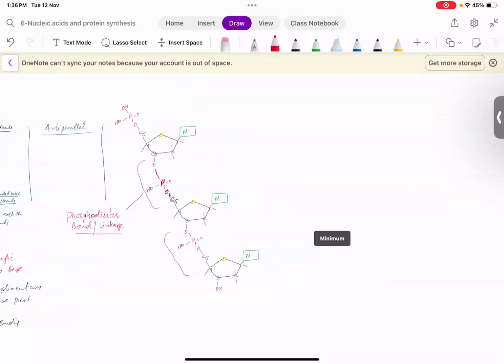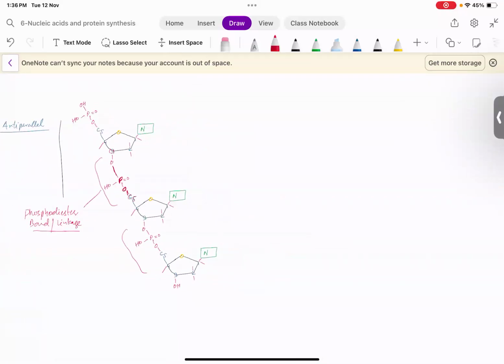Okay, so this long chain can be represented as this is sugar, this is phosphate group, this is sugar, this is phosphate group, this is sugar, this is phosphate group, and this is sugar, and this is phosphate group, and this will have a nitrogen base here, which may be adenine, this may have guanine, this may have cytosine, this may have thymine. Okay, so this is a sugar phosphate backbone.